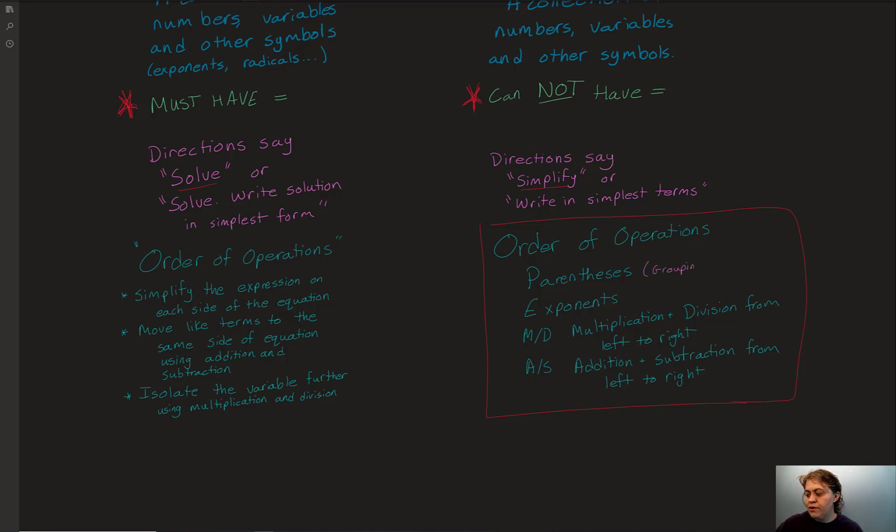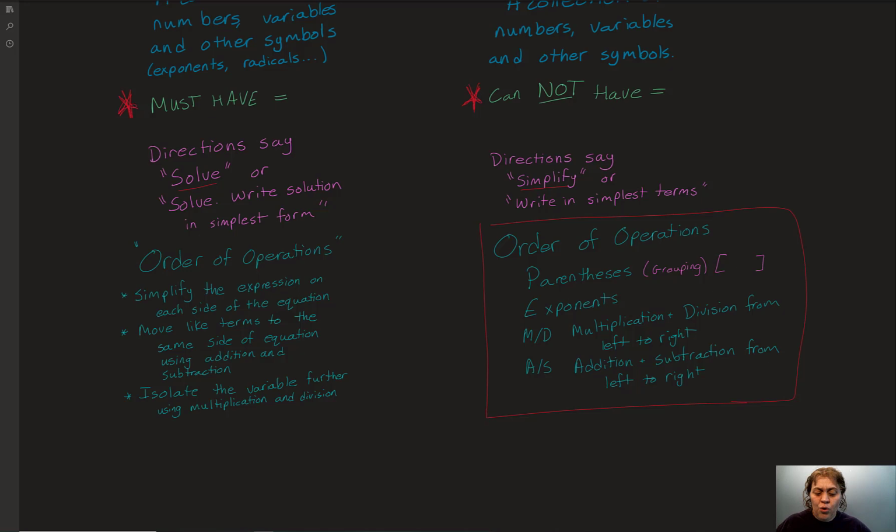So yes, parentheses are part of that, but you can also have square brackets. And sometimes you can even see the infamous curly bracket used as a grouping symbol. We use them for something else in this class, so I'm going to erase that part. Then you deal with your exponents. Multiplication and division are dealt with at the same time from left to right. Addition and subtraction are dealt with at the same time, again, from left to right, just like how we read a book.